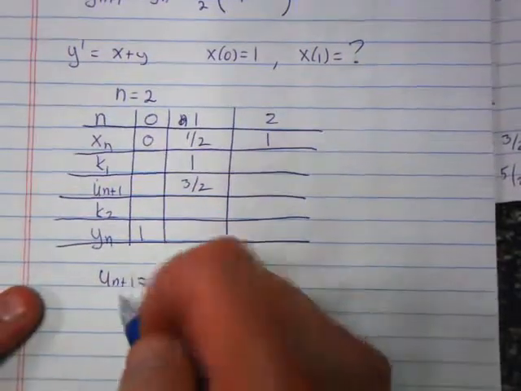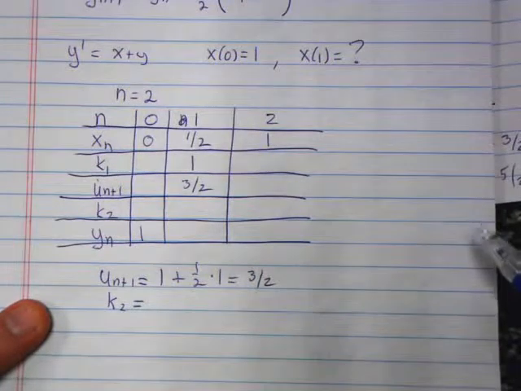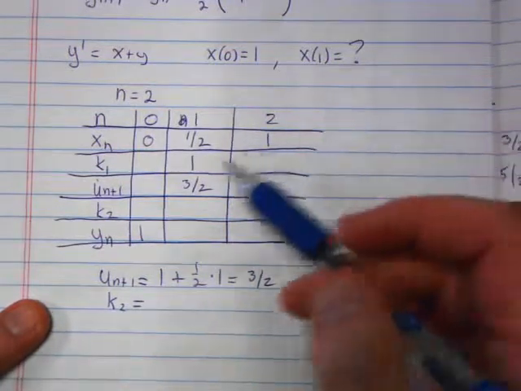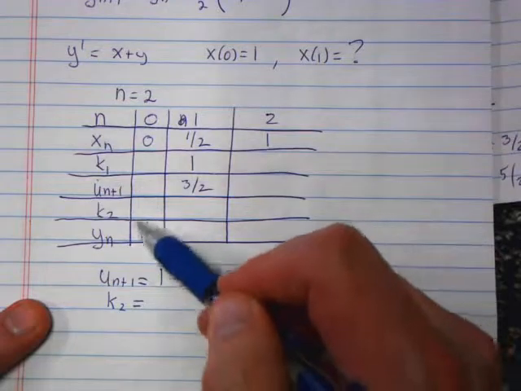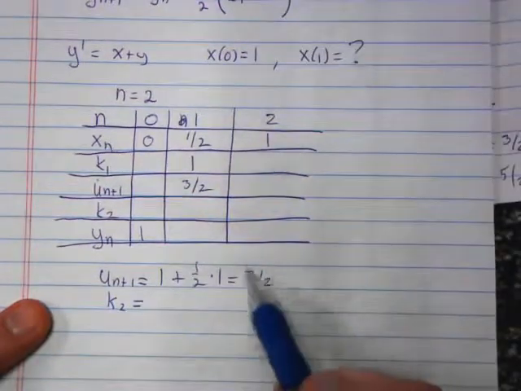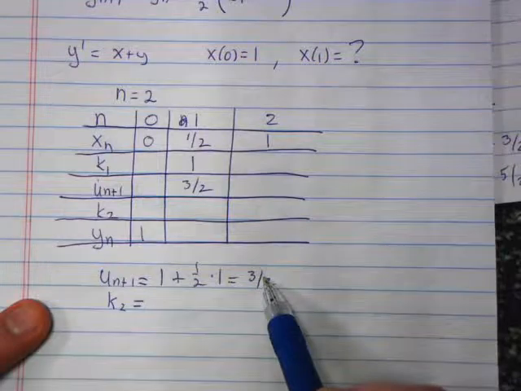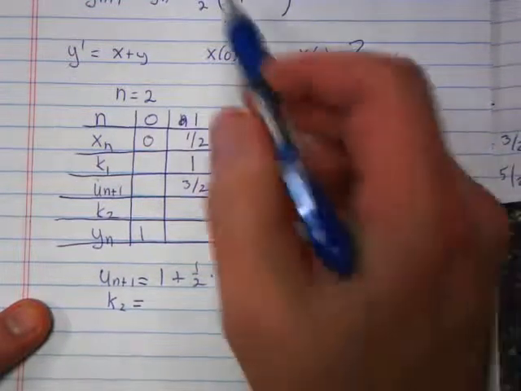All right, now we got to compute K2. According to the formula, K2 is I take my x sub n and my u that I just figured out, and I plug those back into my original function. I'm sorry, it's x sub n.